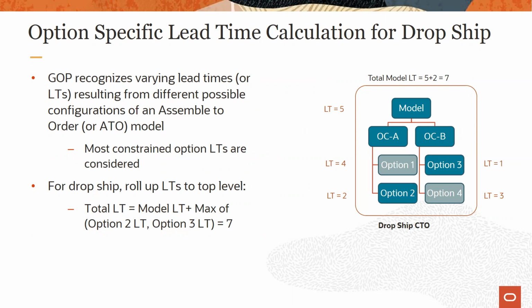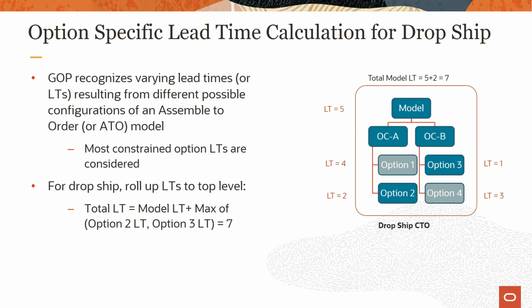For example, in case of a dropship model, which has a lead time of 5 days and has a couple of option classes with associated options having lead times of 2 days and 1 day respectively.